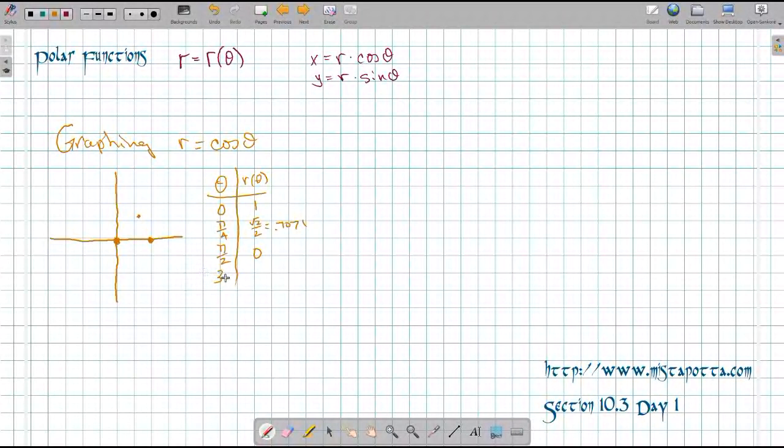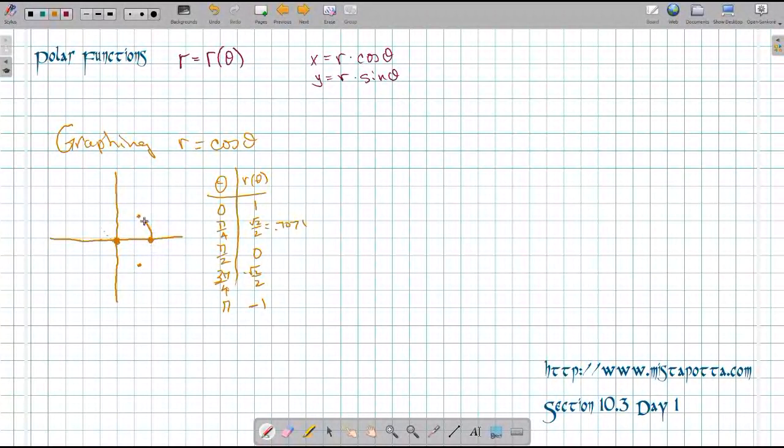At 3 pi over 4, which is at this angle here, I'm actually going to get negative root 2 over 2, which means my point actually gets reflected down here. And when theta is pi, the cosine of pi is negative 1, which means when I'm on the negative x-axis, I get reflected here.